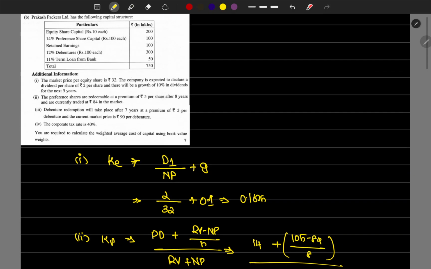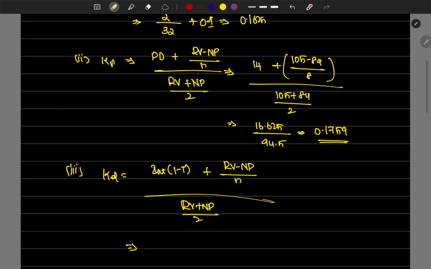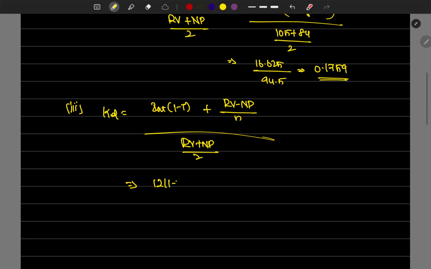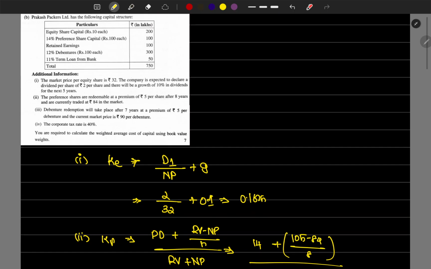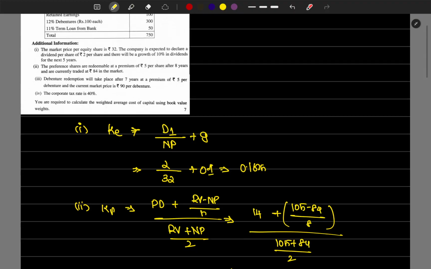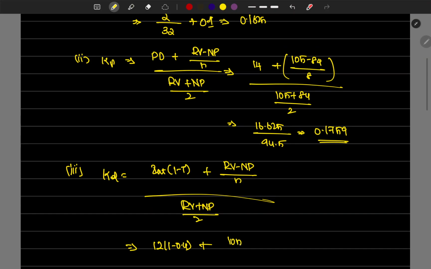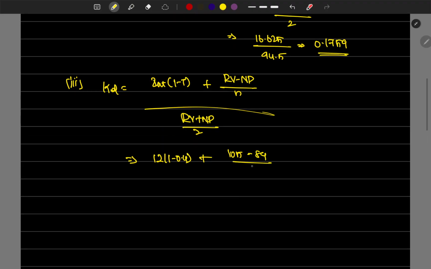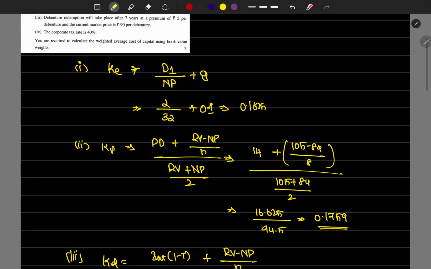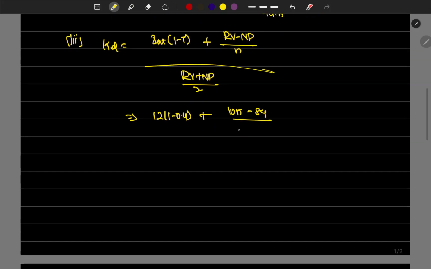They are paying 12% interest, so 12 rupees into (1 minus 0.4), the tax rate, plus RV, the redemption value at a premium of 5, which is 105, minus net proceeds 84, divided by 7 years, divided by (105 plus 84) divided by 2.